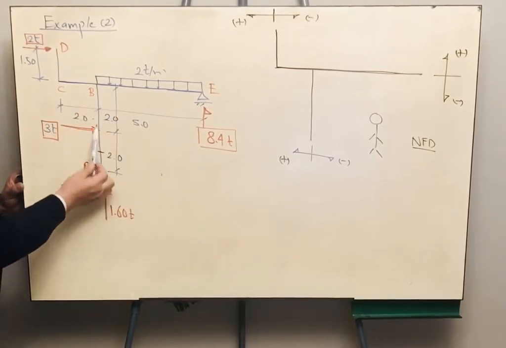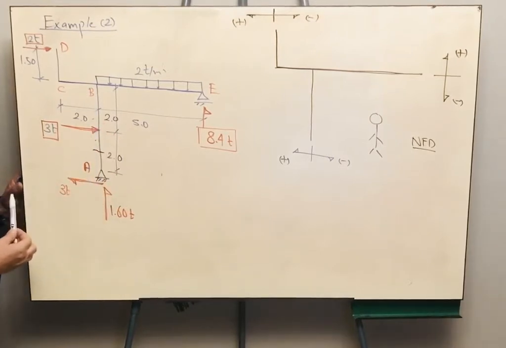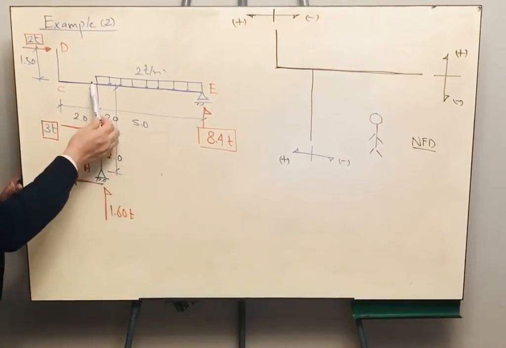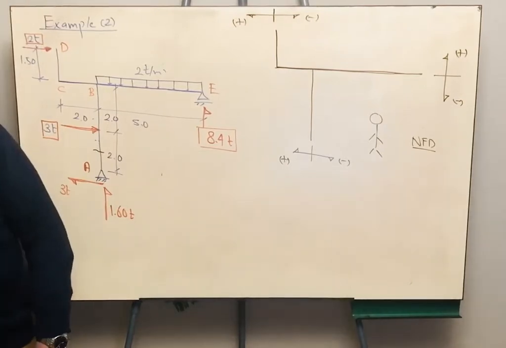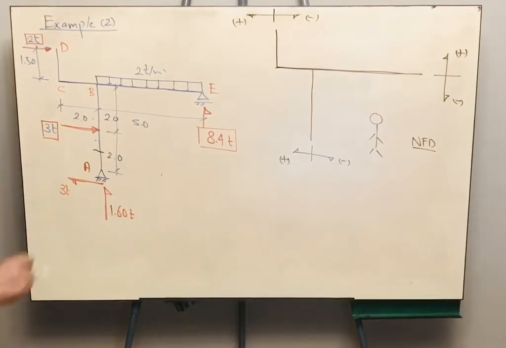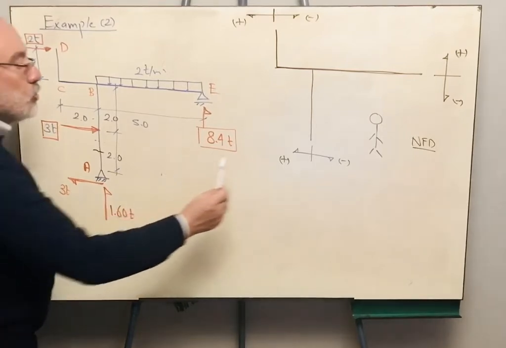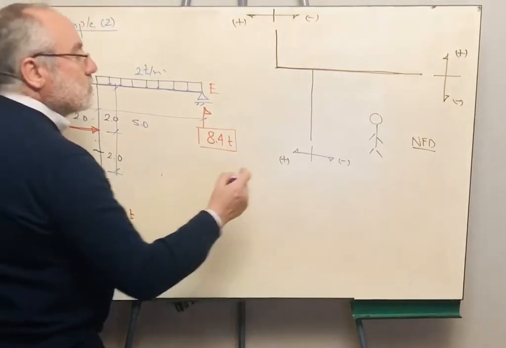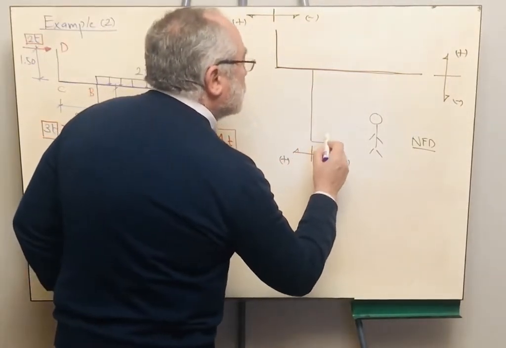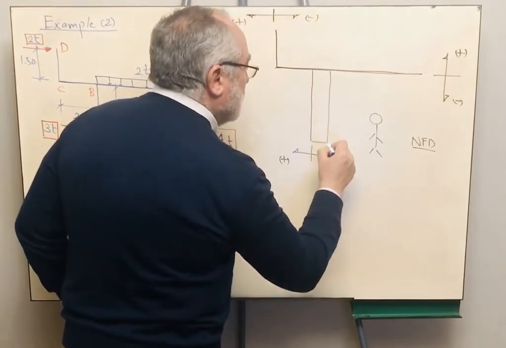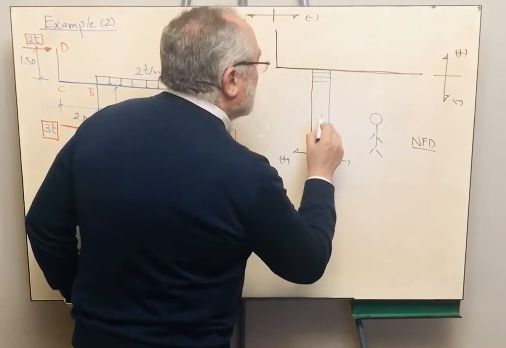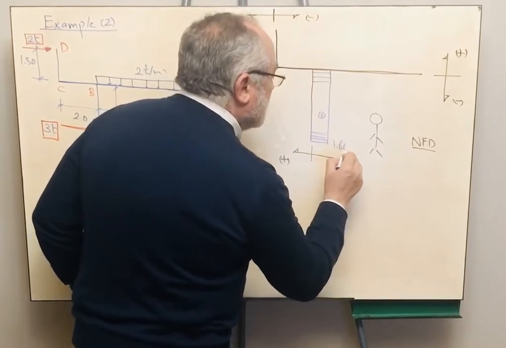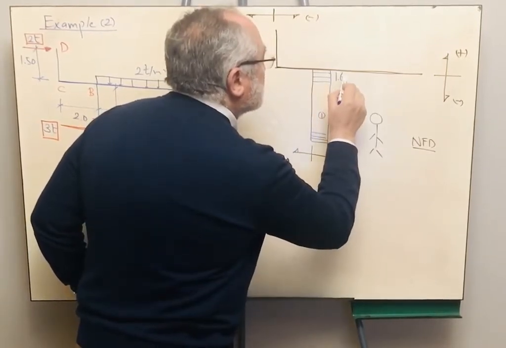I don't have any other forces applied along AB in the vertical direction. So I have compression here and its value is 1.6. Where should we draw the 1.6? We should draw it on the negative side. So the normal force is constant and its magnitude is 1.6. Very good.